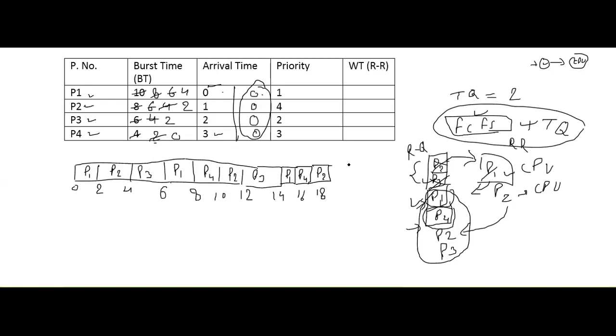Then P3 up to 20, then P3 again up to 22, and P3 got completed. Then after P3, again P1 up to 24, and this becomes 2.